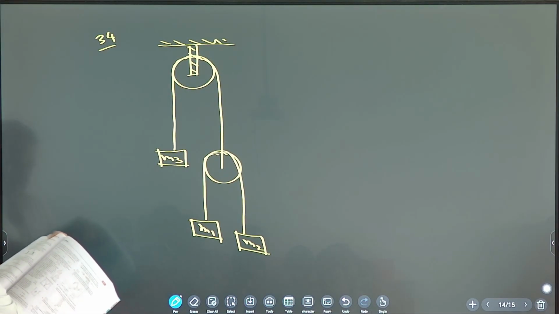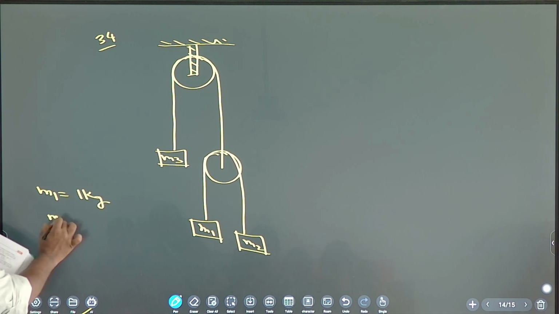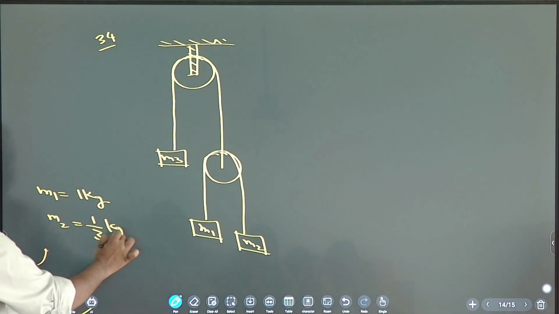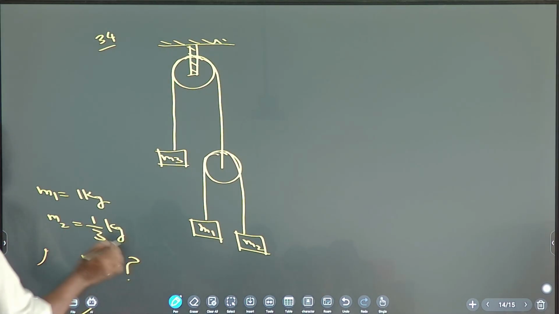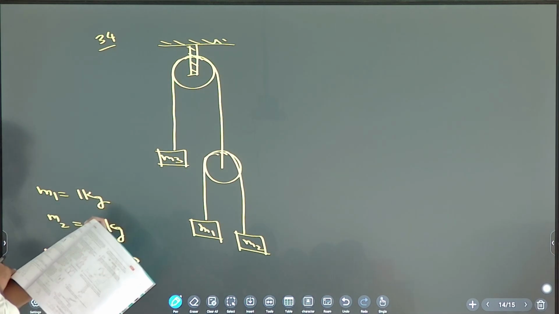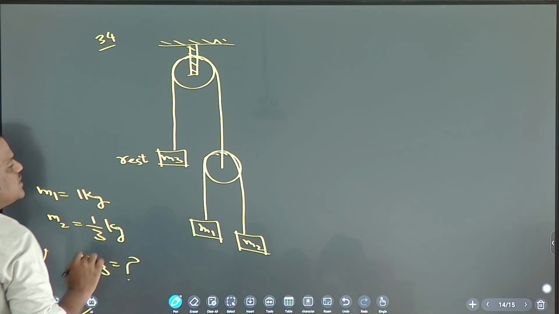M1 is 1 kg, M2 is 1 by 3. You have to find M3. You have to keep M3 at rest.